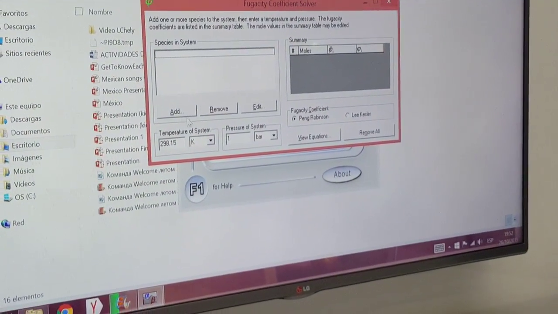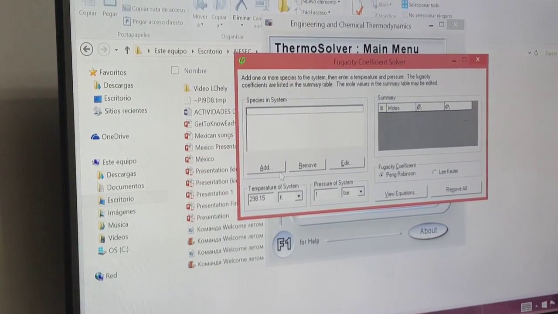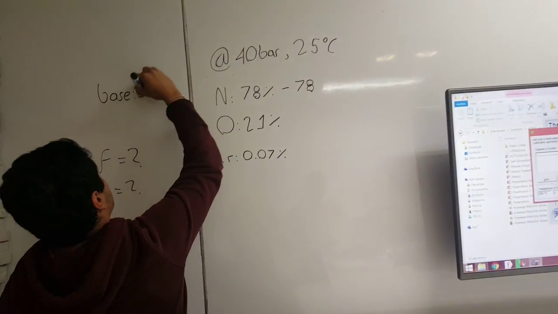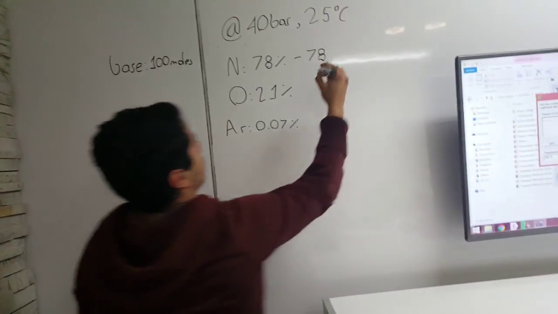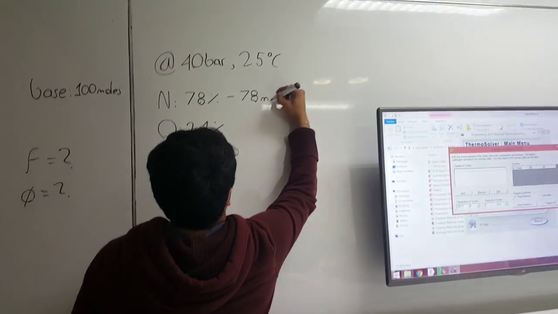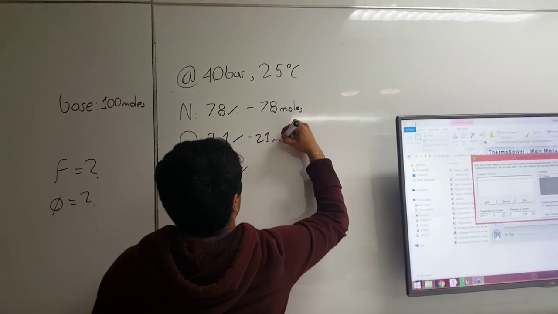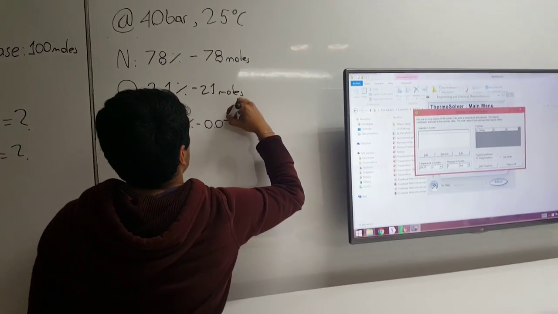Our basis will be 100 moles. For the nitrogen we're going to have 78 moles, after that 21 moles of oxygen, and at the end 0.7 moles of argon.